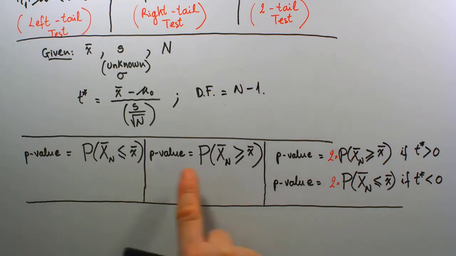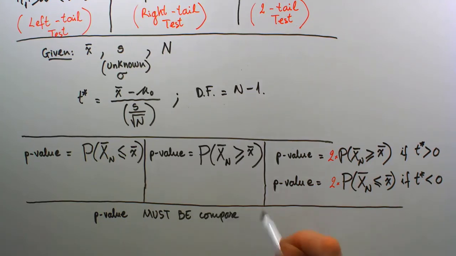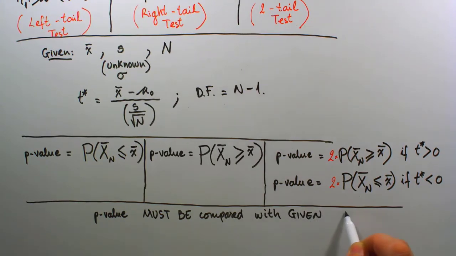And in any of these three different cases, the final p-value, as another key highlighted step right here, must be compared with the given significance level.